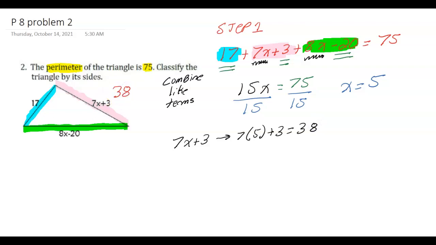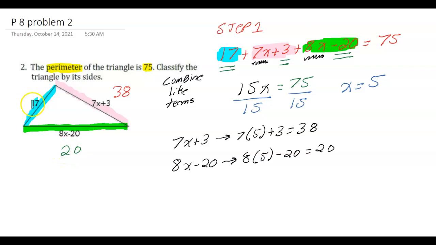That is the side, not an angle. I also need to figure out 8x minus 20. So I do 8 times 5 minus 20. When I type that in my calculator, I get 20. So the green side is 20.